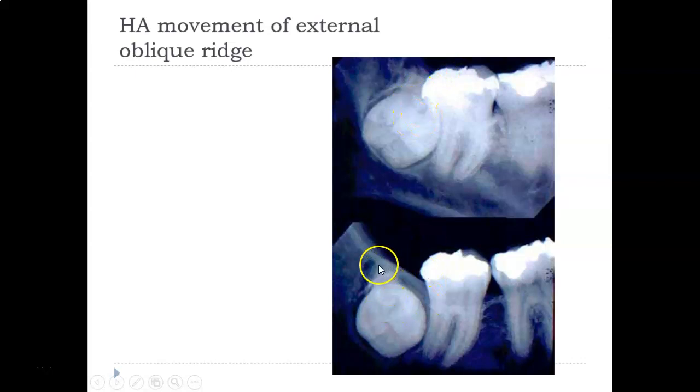So now you look at the root of this impacted third molar. This is the root right back here. And then you look at the new picture, and the root went from being pointed back here to now the root's pointed up here. Do you see how the root went from being in this direction to now being in this direction? So the root also moved mesial.